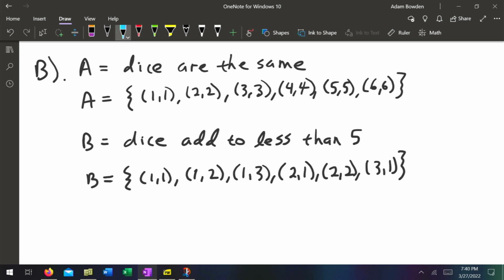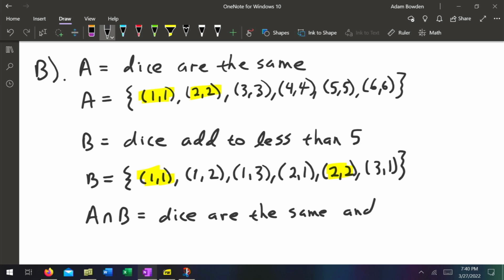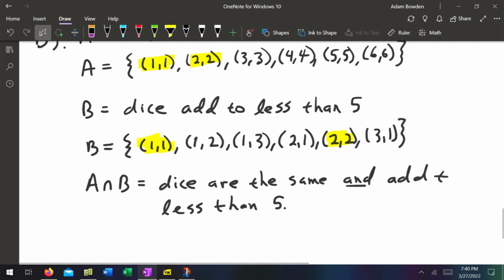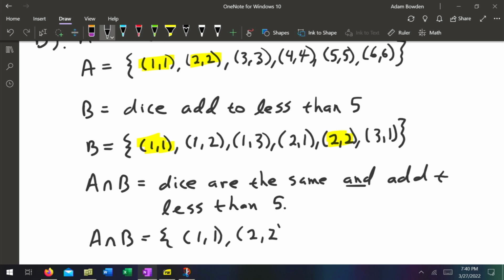Indeed, they are not. There are some of the outcomes that they share in common, namely the 1,1, and they share in common the 2,2. Those are both outcomes where the dice are the same and they add up to less than 5. So for the intersection where the dice are the same and add to less than 5, that would stand for the outcomes of the 1,1 and the 2,2.